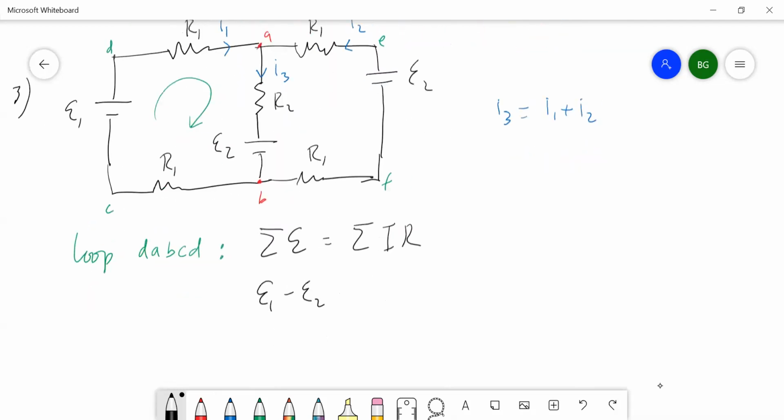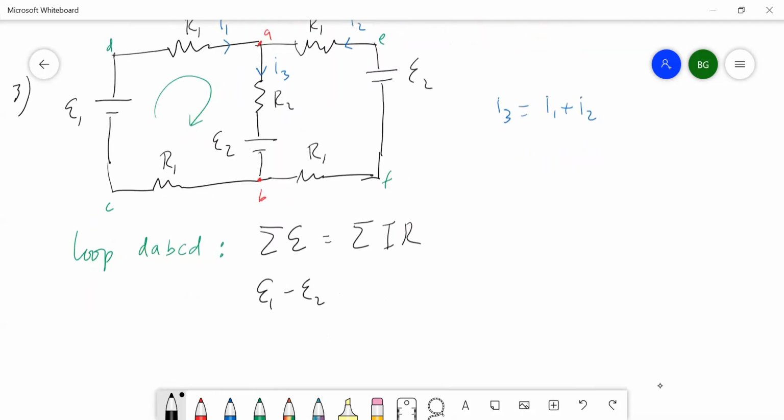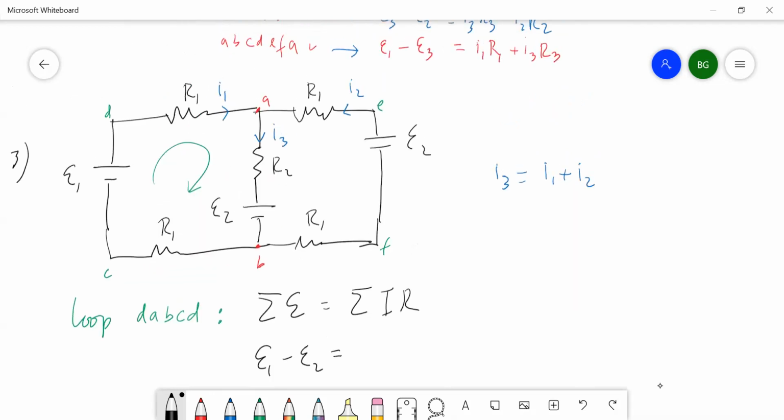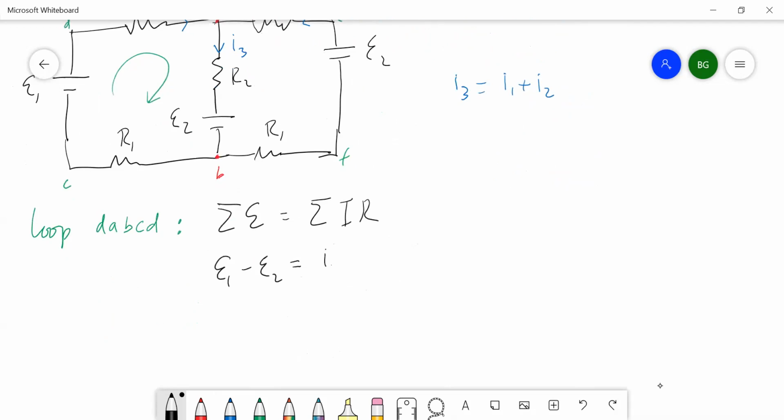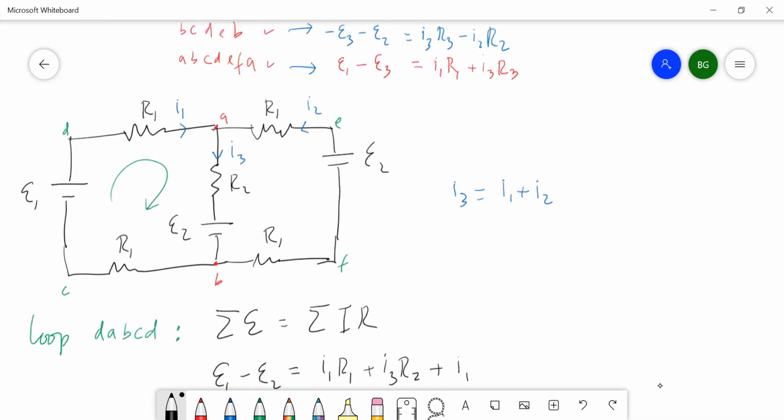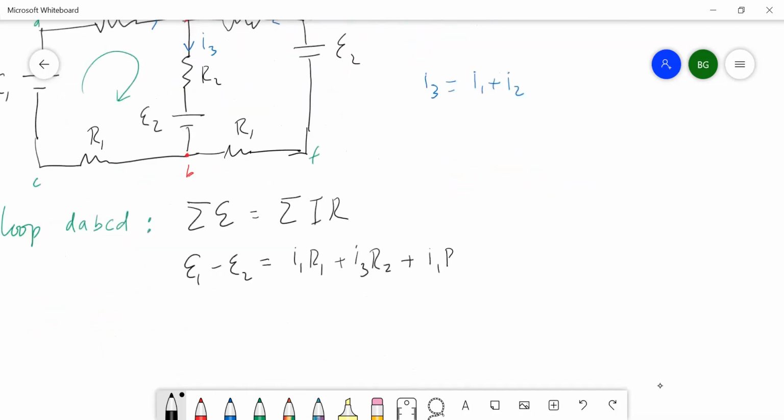Because the direction of the current is the same as the loop, we have a positive here: I1 R1 plus I3 R2 plus I1 R1.